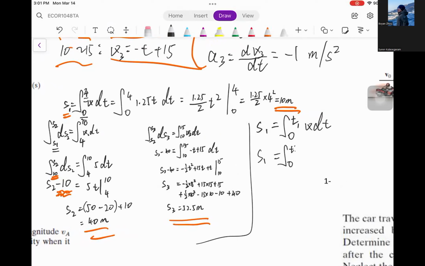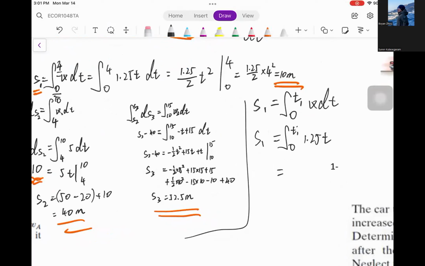From 0 to T1, 1.25 t. Solving this one, we're going to have S1 is equal to 1.25 over 2 t squared, evaluating from 0 to T1.